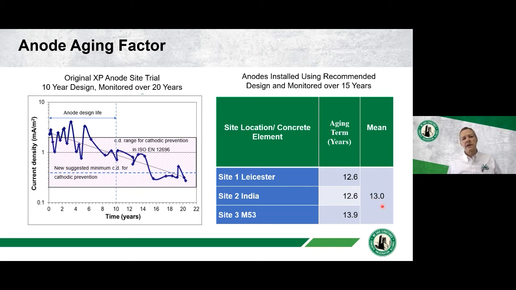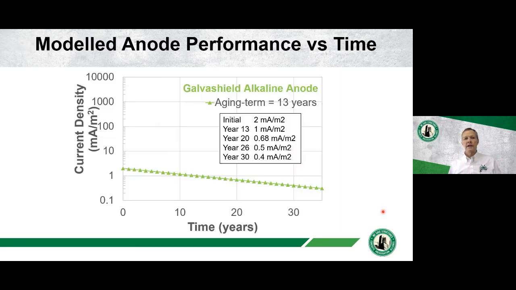What that means is in 13 years, the current is going to drop to be 50% of what it was initially. And in another 13 years after that, it's going to drop another 50% from that intermediate location. And you can take that and you can plot it. And because it's a straight line and you understand the behavior, you can predict the performance a lot better.